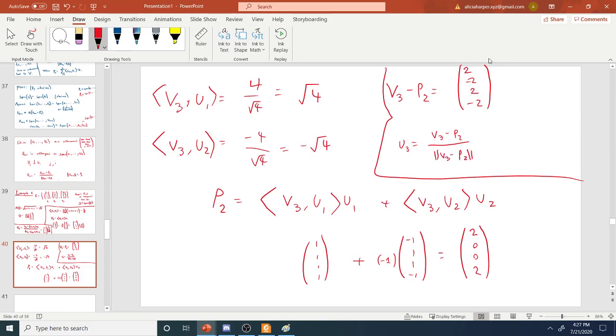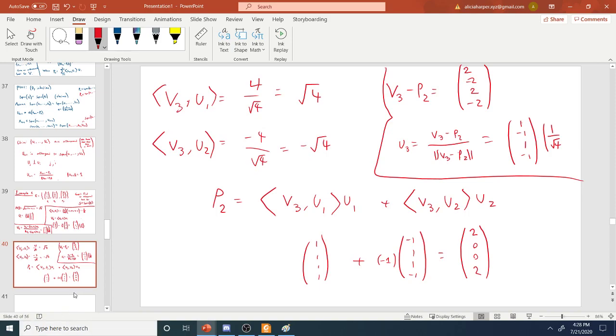So I compute this length and divide, and you can check that what I get is 1, negative 1, 1, negative 1, all multiplied by 1 over the square root of 4.